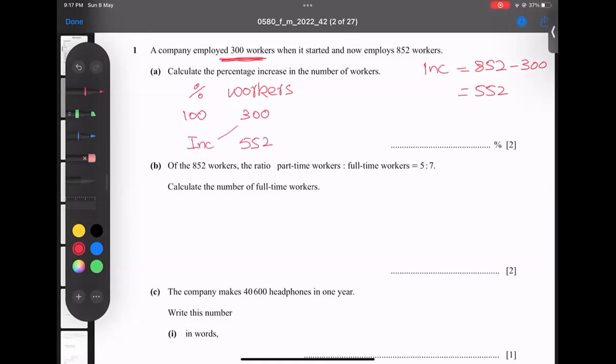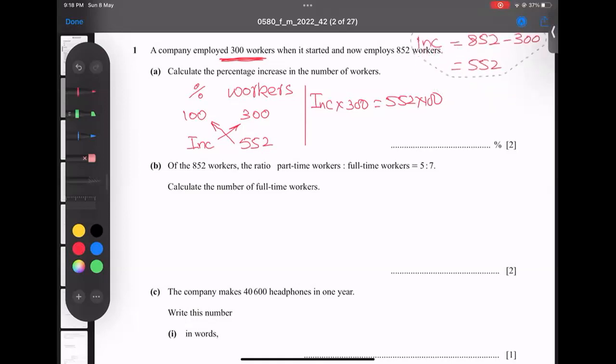Cross multiply, and you know this very well. So this multiplied with 100, and so increase times 300 is equal to 552 times 100. I hope the point is very clear. So we got it, and this will divide under it.